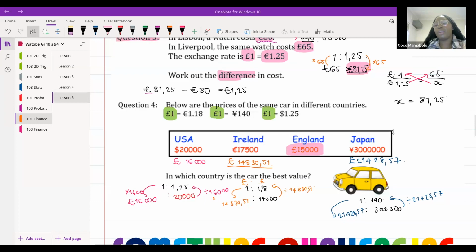Give me a thumbs up if we know exactly how to calculate for exchange rates in general. Thank you, Landine. Thank you, Jessica. Siamtanda, if you're giving me a thumbs down, you need to tell me where I've lost you. Hi, Siamtanda, what's up?